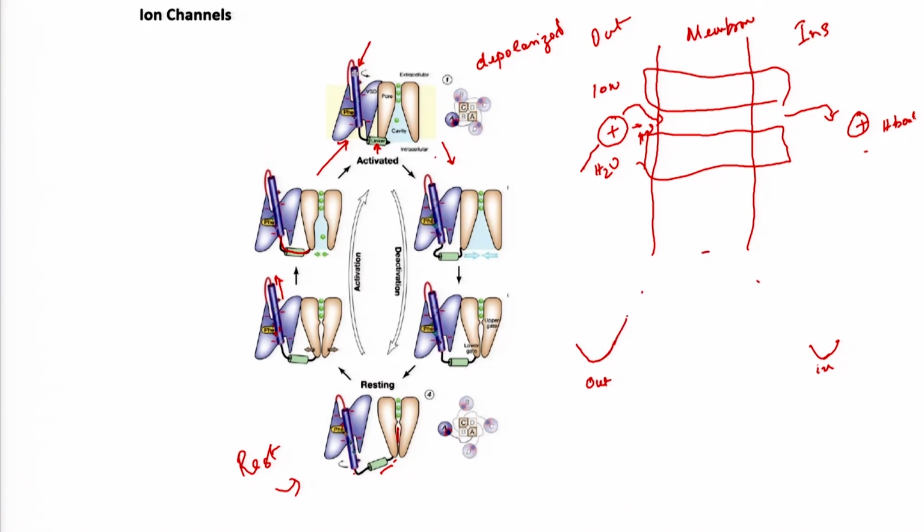What happens is that by providing those stability sites in here, we get intermediate stages that allow the ion to actually jump and travel through.